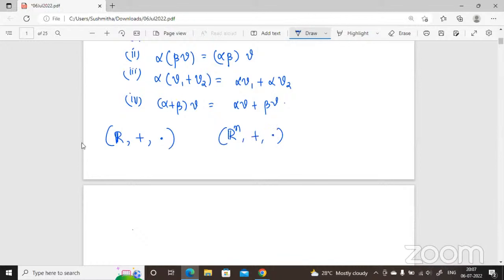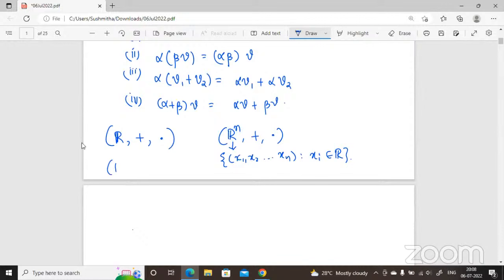Rn is the set of all n-tuples (x1, x2, ..., xn), where all xi's are real numbers. Rn with respect to the usual addition, which is component-wise addition, and scalar multiplication, again component-wise, is a vector space.